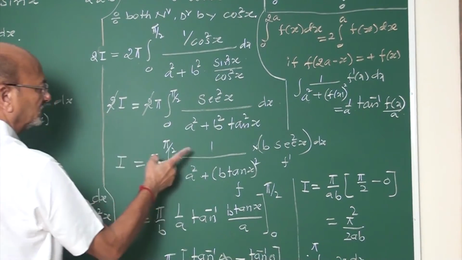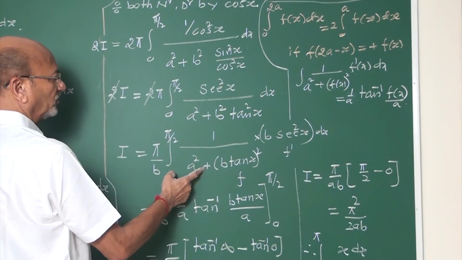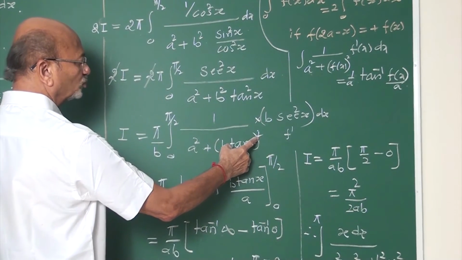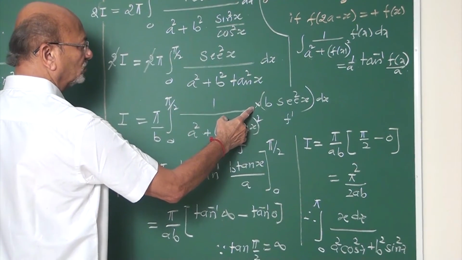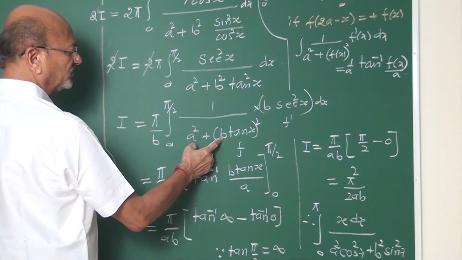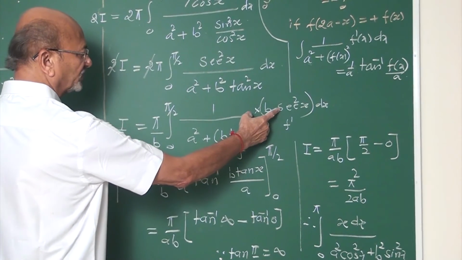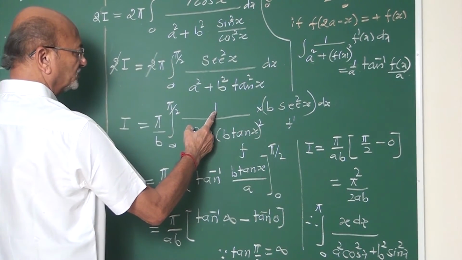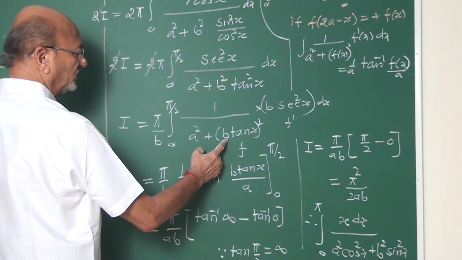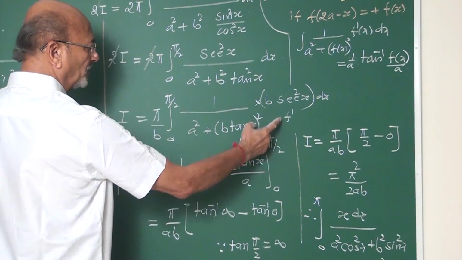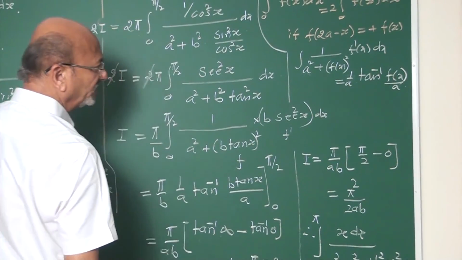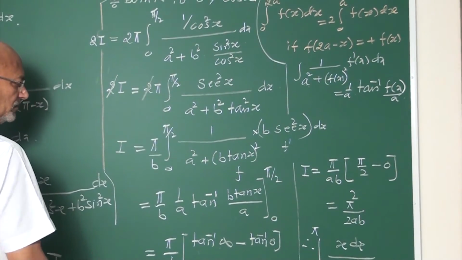See my friend, this is 1 upon a square plus b square tan square, can be written as b tan x the whole square. What is the derivative of this? b into derivative of tan is sec square x, which is f dash. Therefore, it is 1 upon a square plus fx whole square into f dash. Because of this formula, it is 1 by a into tan inverse fx upon a.